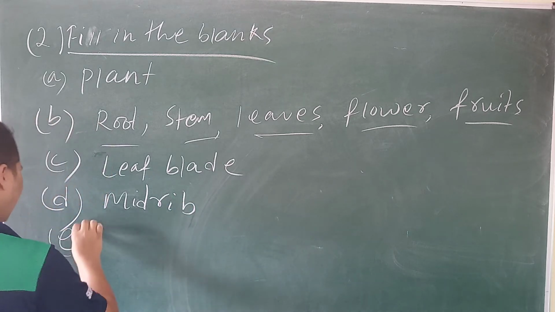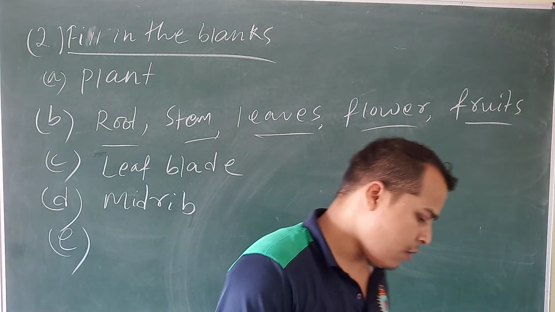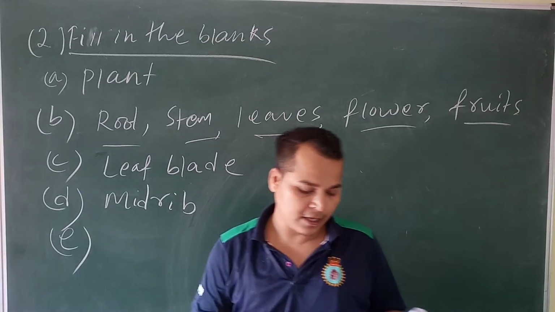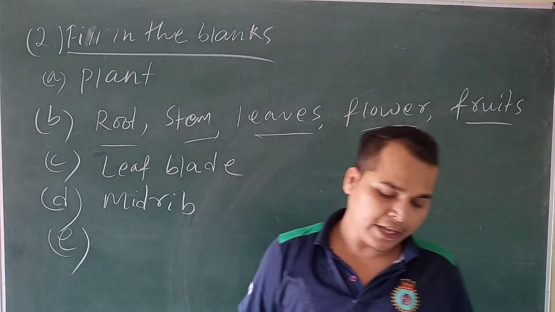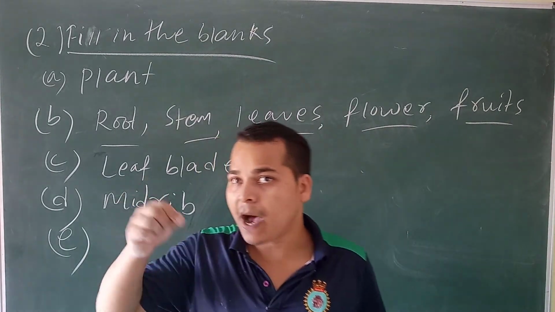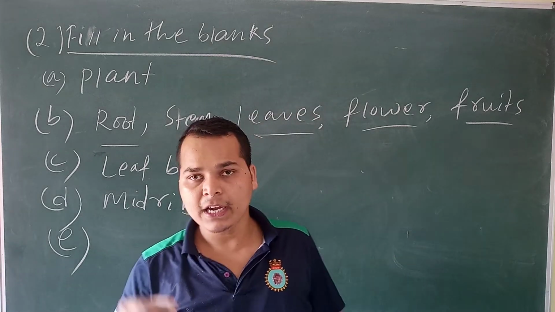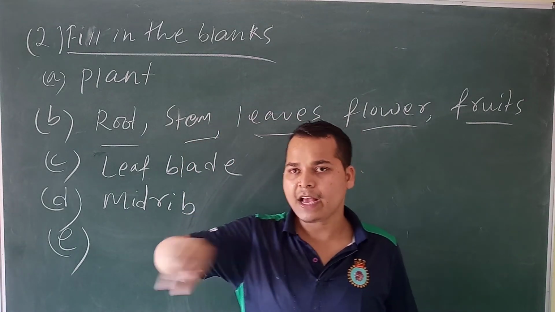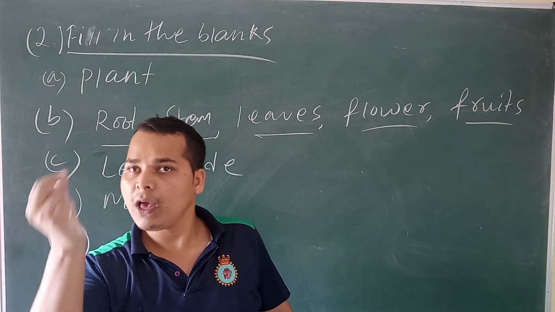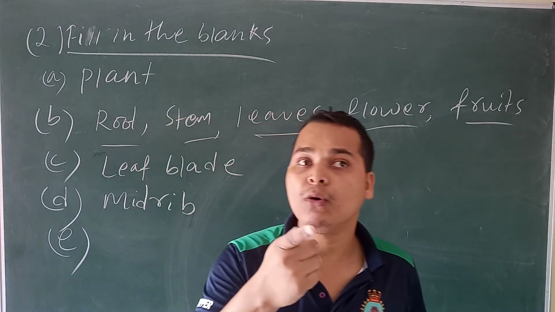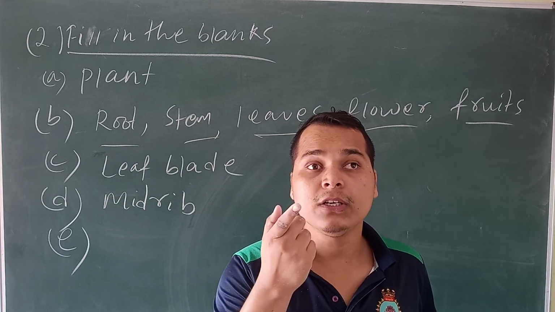Then question number E. Plants breathe through tiny openings called dash. Plants take in carbon dioxide and release oxygen through a hole. What is the name of this hole? It is a stomata.